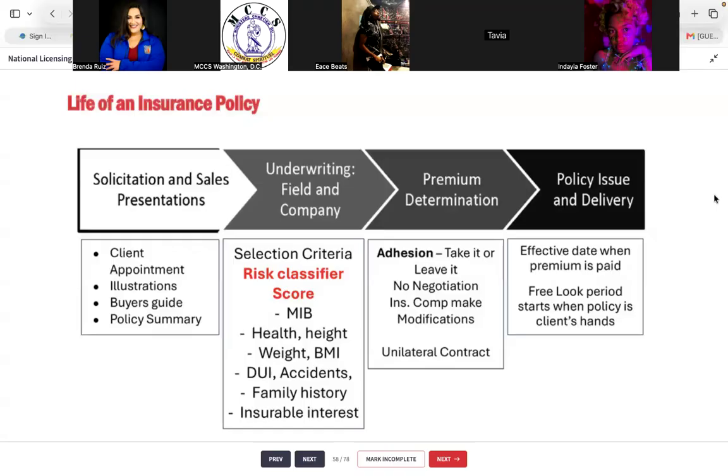It is also your job to advocate for your client. You're basically the middleman here. And it's your job to determine whether your client is a good fit for the insurance company. It's also your job to determine whether the company is a good fit for your client.